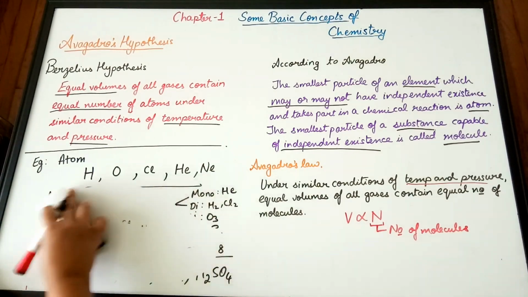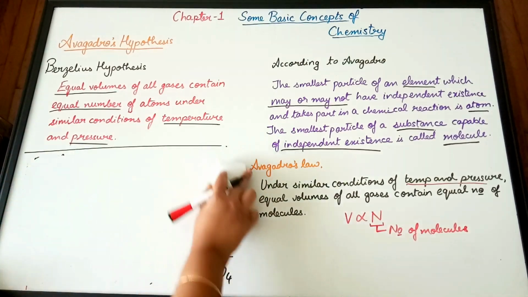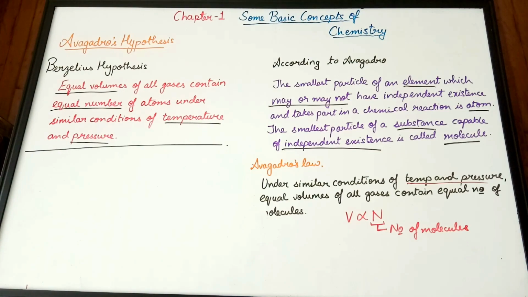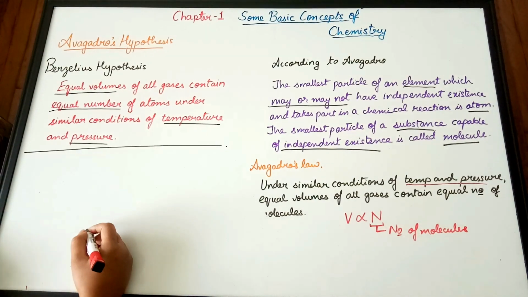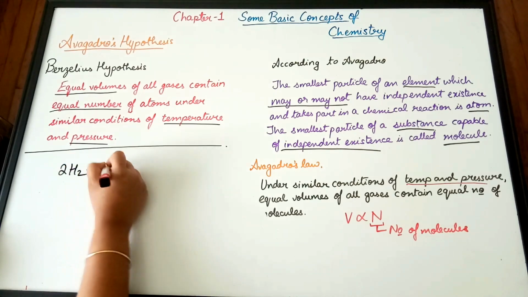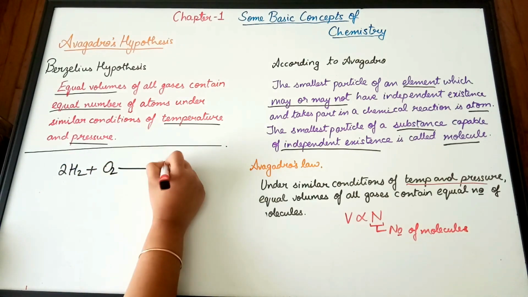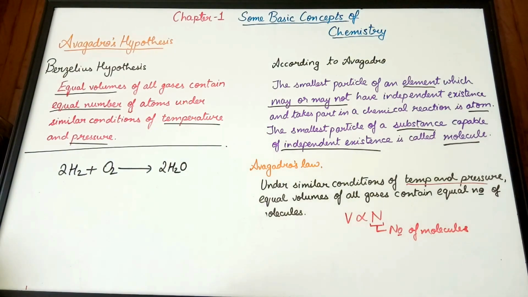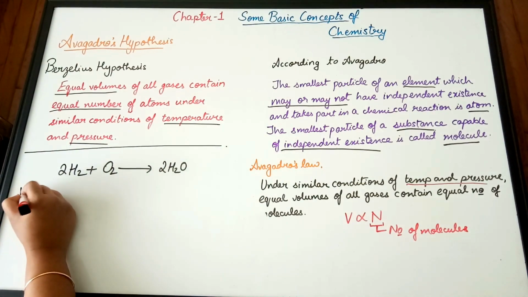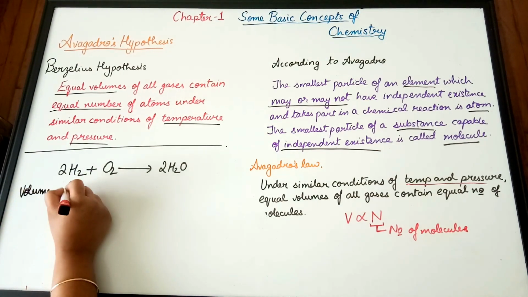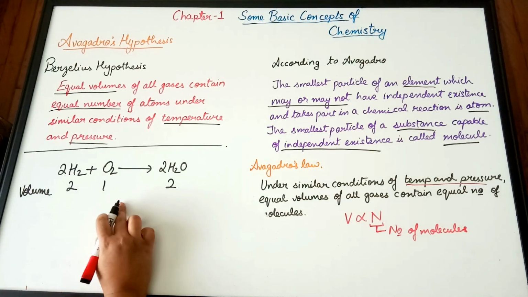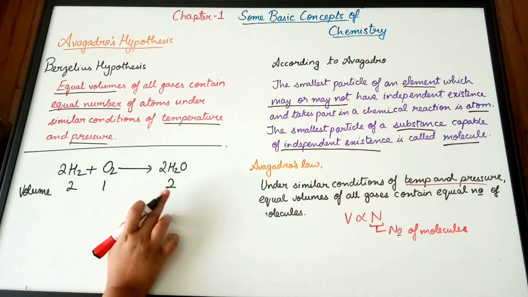I'll write it here for better understanding. 2H2 plus O2 gives rise to 2H2O. This is what we studied in Gay-Lussac's law. Here you have volume as 2, 1 and 2, because two volumes of hydrogen react with one volume of oxygen to give two volumes of water.